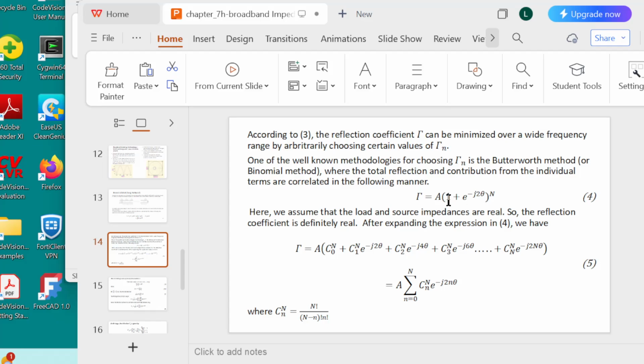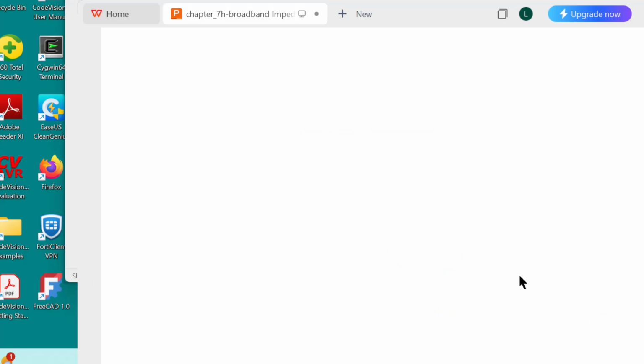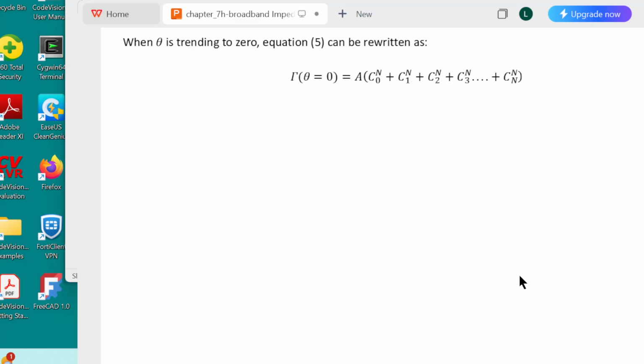So 1 plus 1 is 2. And that's why 2 to the power n. So this is what you get. And from here, you can work out the value of A.